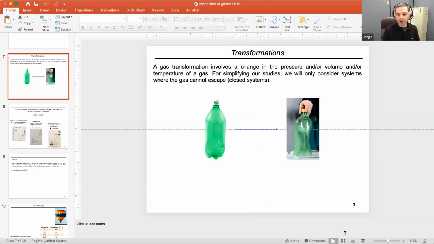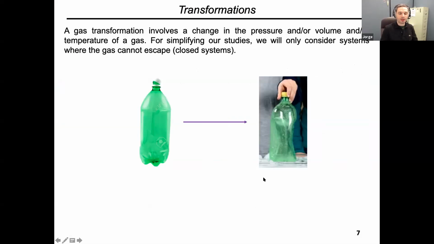Let's see where we stopped on Wednesday. We actually started talking about transformations. And remember, a gas transformation involves a change in two or more of the characteristics of the gas.